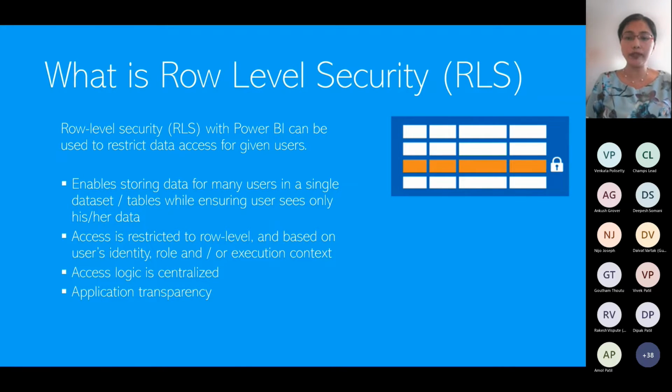Basically, not all users should have access to all the data. As you can see in this diagram, particular data is available for particular users. All the data is in a single place, but a particular person needs to be assigned to particular data, and the access is restricted at row level.